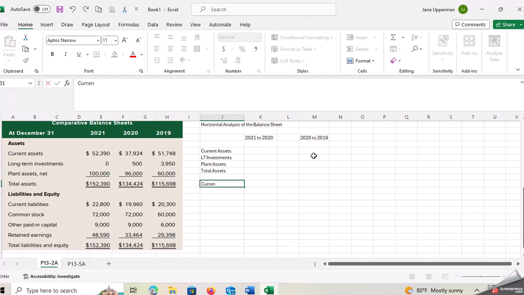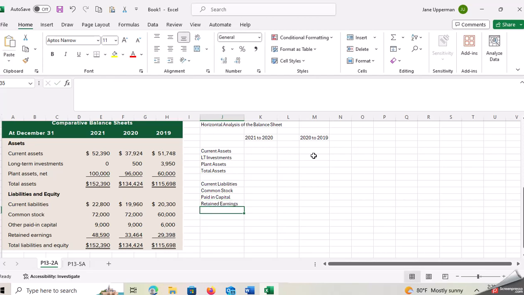Then we go down to our current liabilities, our common stock, paid in capital, retained earnings, and then our total liabilities and equity.